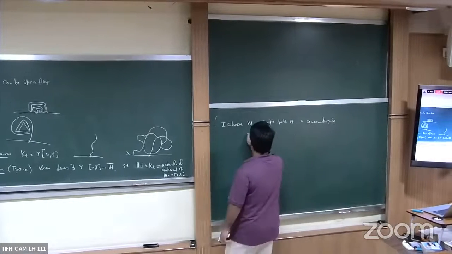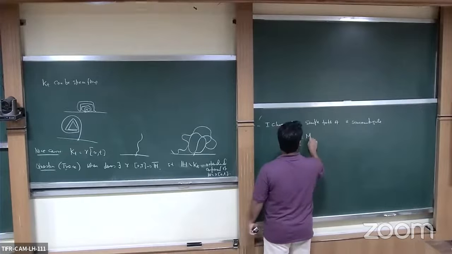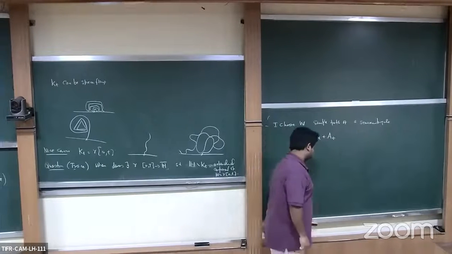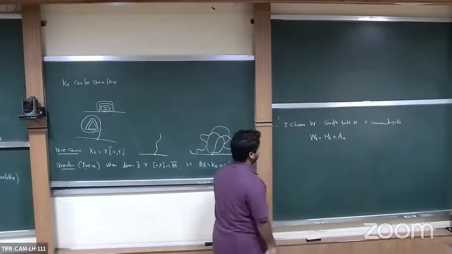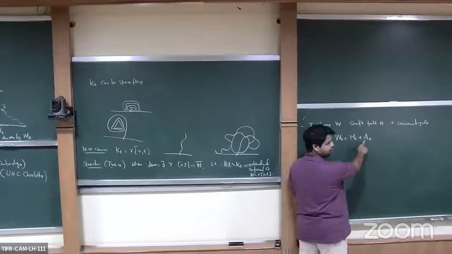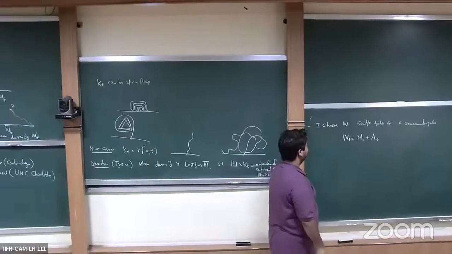That is to say that W_t is given by some martingale plus some bounded variation process, both continuous. So both M and A are continuous. This is a martingale, this is a bounded variation process.